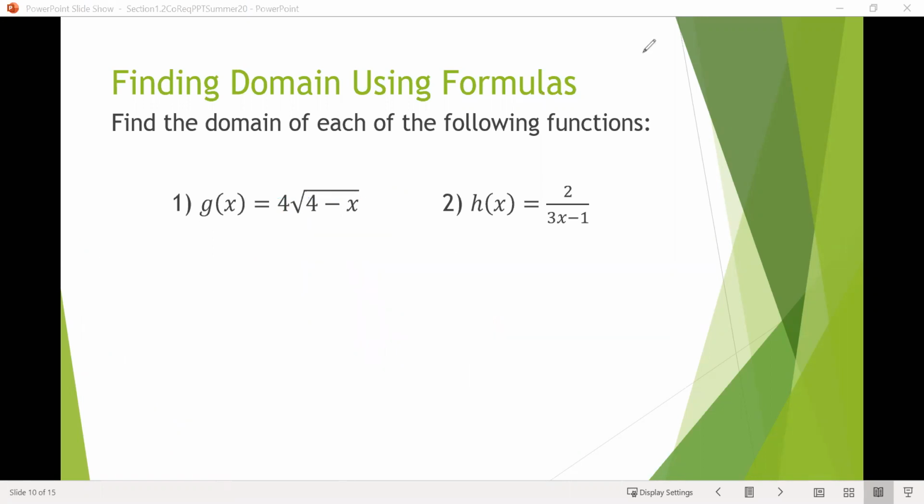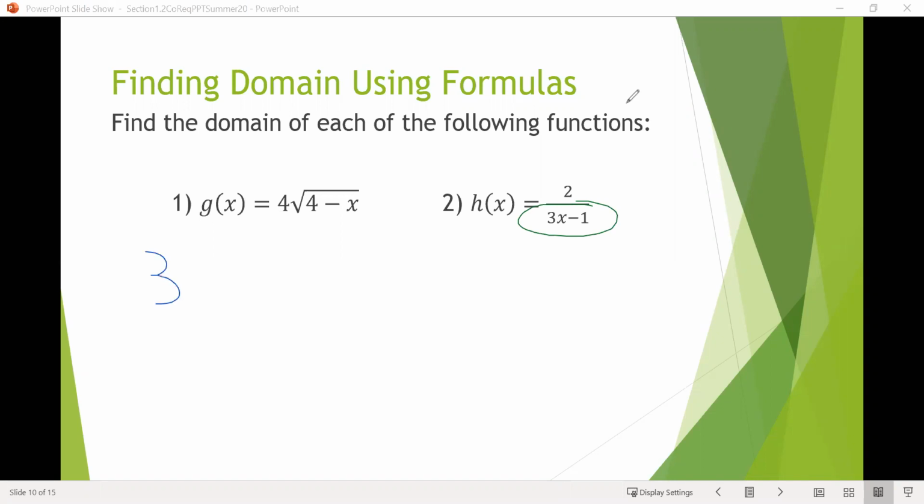What about the second one then? We have h of x equals 2 over 3x minus 1. Well, to find the domain here, think about what can be put into the function. In this case, what we have to be careful of is in the denominator, we cannot have 0, right? So 3x minus 1 here cannot be equal to 0. So in order to help us find our domain, we should figure out what does make that equal to 0.